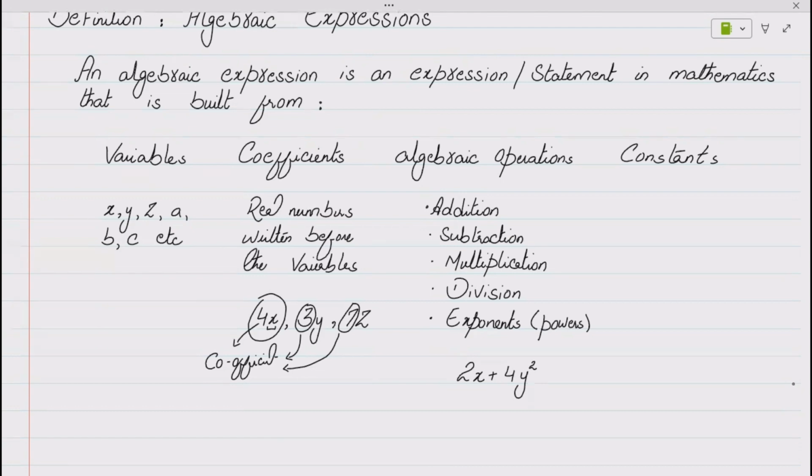So constants are nothing but real numbers present in an algebraic expression alone. So what do we mean by alone? Without variables.